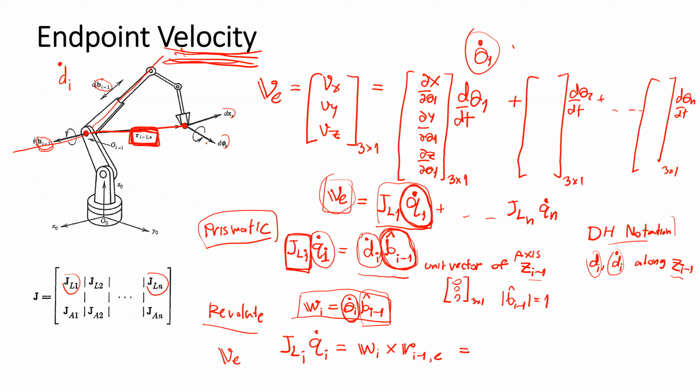So omega has the magnitude and direction. If we consider the cross product, we need to obtain the cross product between the unit vector and the position vector. Then multiply by the magnitude of the joint speed, the joint velocity. And here is the cross product vector.